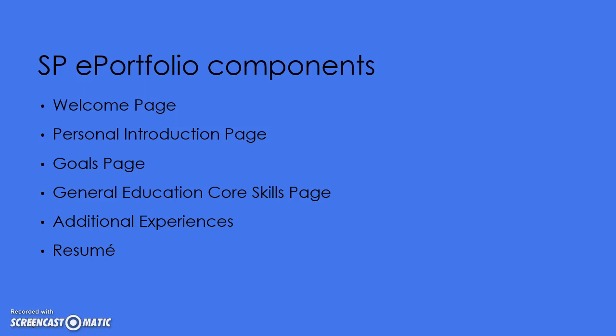But basically on the welcome page, you'll welcome viewers to your page and tell them who you are, what program you're in, when you plan on graduating, what are the contents of your ePortfolio, and you'll also have a purpose statement there for your ePortfolio. You'll also have an image, not necessarily a picture of yourself. You could have a picture of yourself, but you don't have to. But you may have another image there that is thematic or represents you in some way.